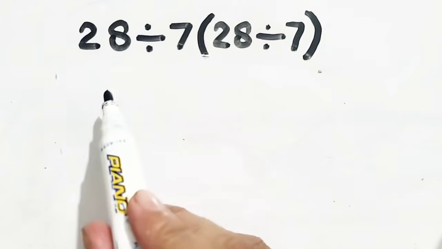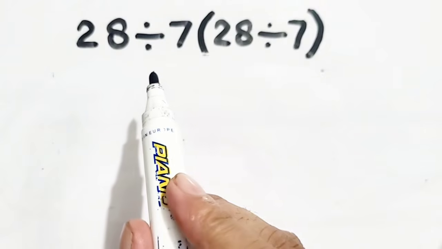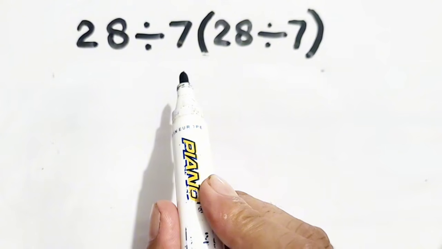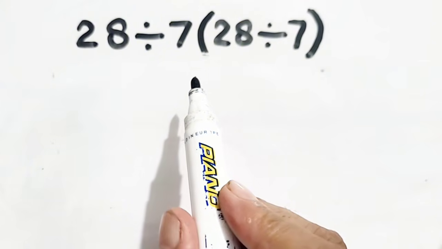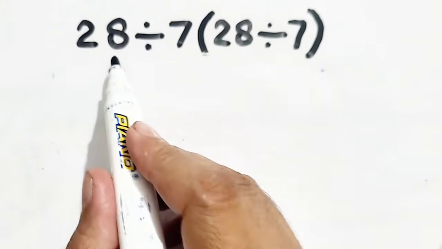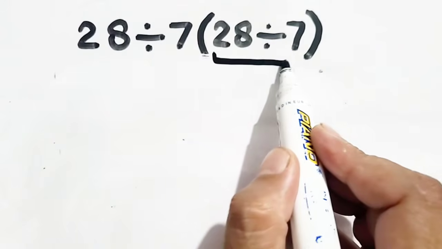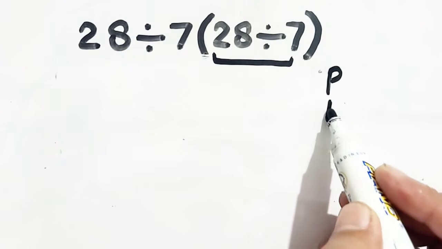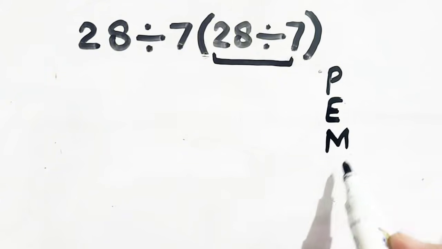Now we will solve it correctly by obeying the laws of operations, or order of operations. So first of all, we have to solve parentheses according to the rule PEMDAS.